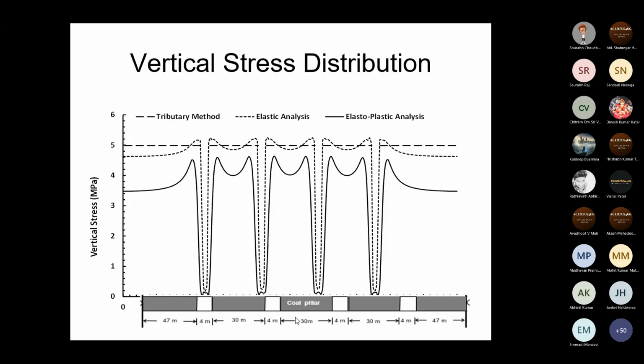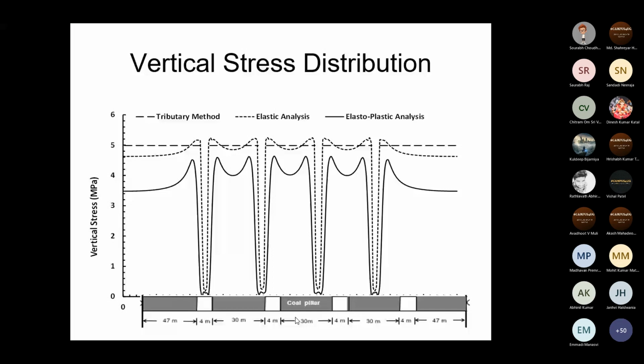You can see the level of stresses which is developing on the y-axis is shown by the vertical stress. Okay, because in this case the vertical stress is very high in comparison.